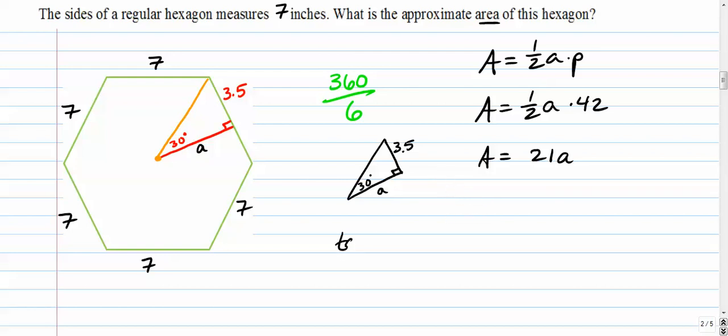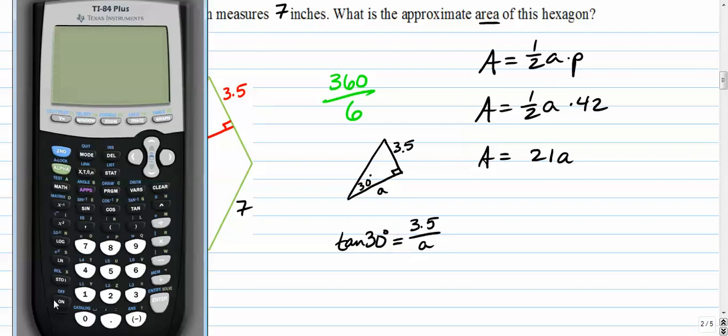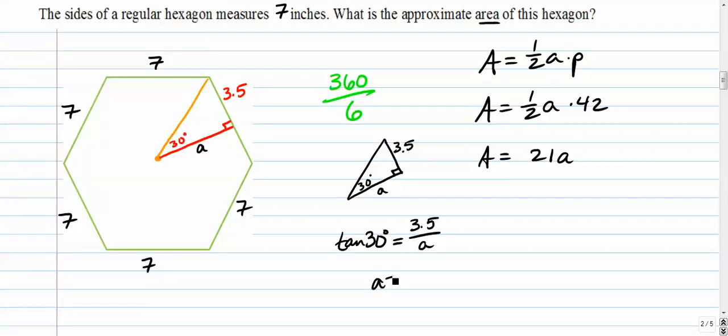So we'd say, all right, tangent of 30 is equal to opposite over adjacent. So then you go to your calculator and you'd say, okay, let's do 3.5 divided by tangent of 30, 6.062. And that is little a.